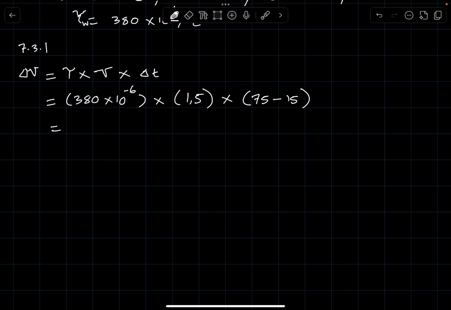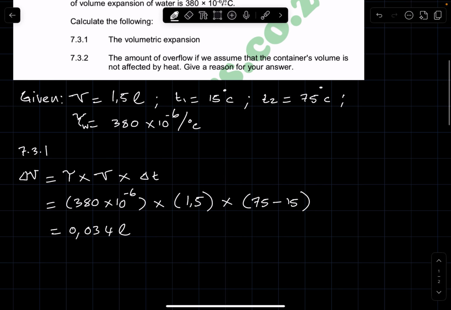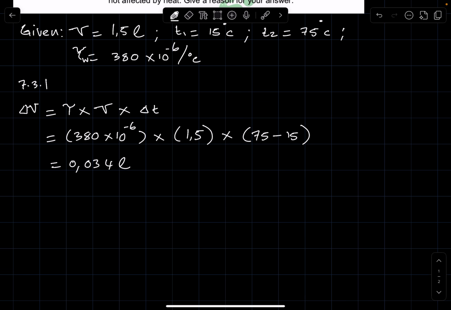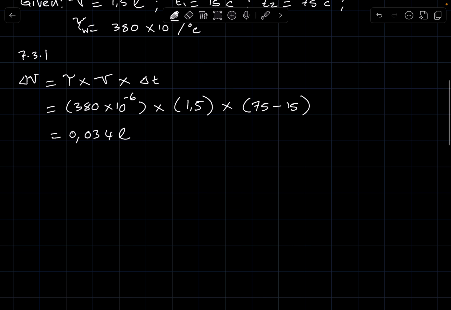Now if you punch this in our calculators, 380 times 10 to the negative 6 times 1.5 times 75 minus 15, we get 0.034 liters. Now they didn't specify any units of measurement, so you can leave it in liters.